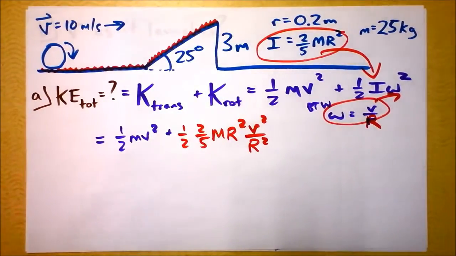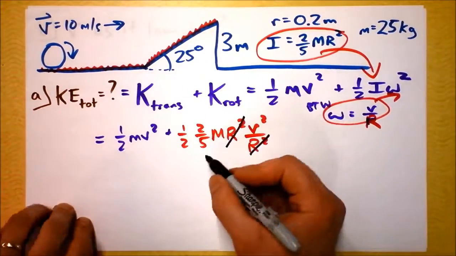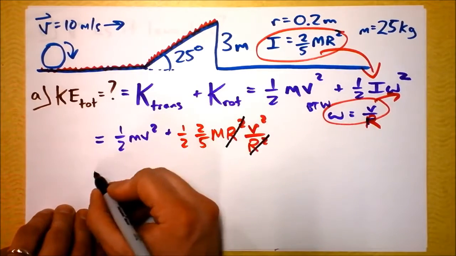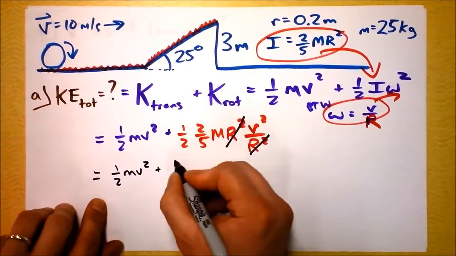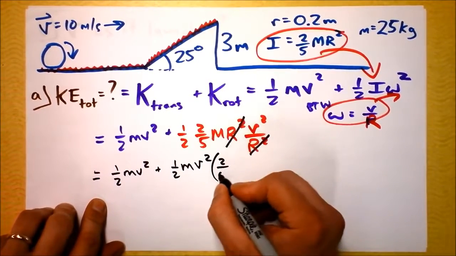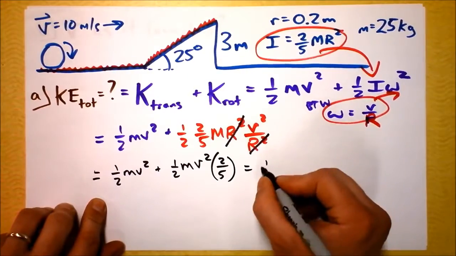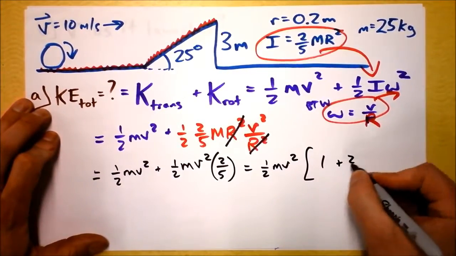Some stuff cancels. And on the next line, oh, this is so cool. Look, it says 1/2 mv squared plus 1/2 mv squared multiplied by 2/5. That's pretty awesome. What if I just factor out the 1/2 mv squared and say 1 plus 2/5?